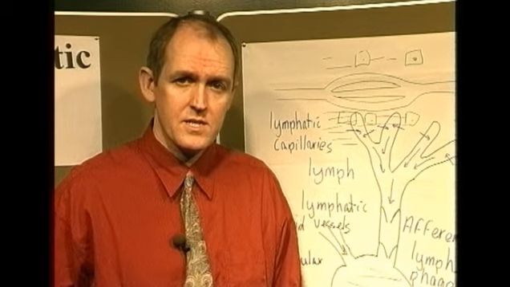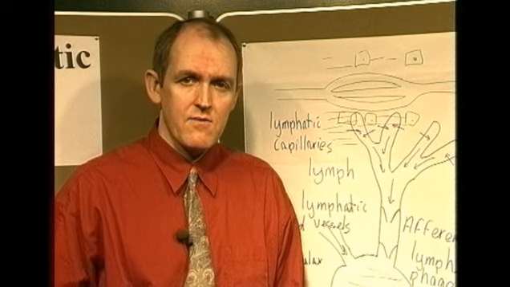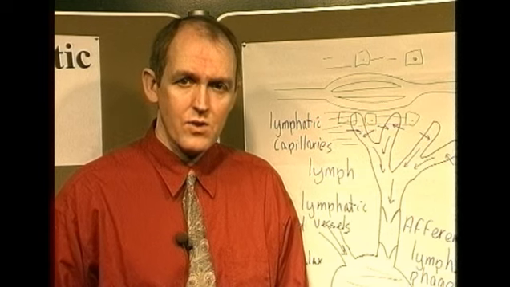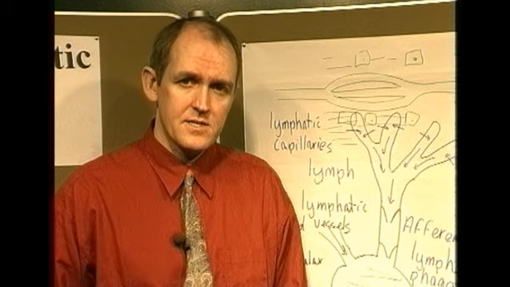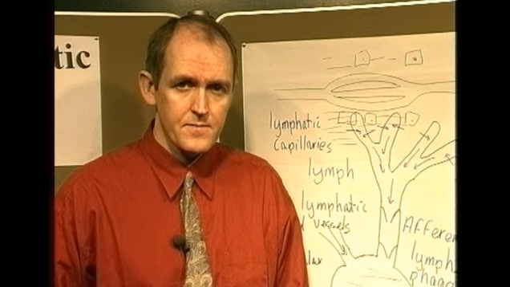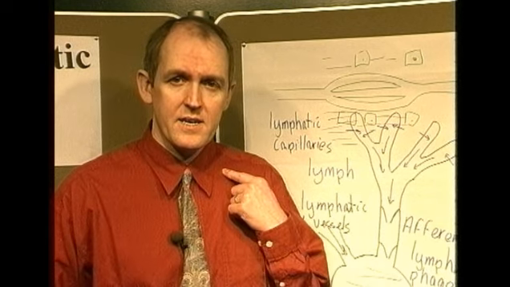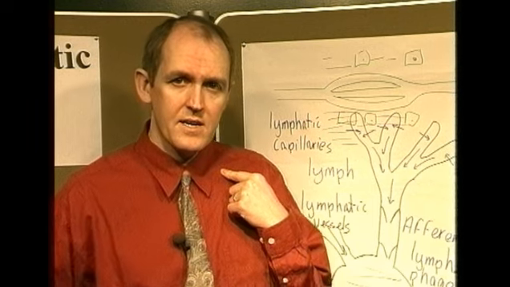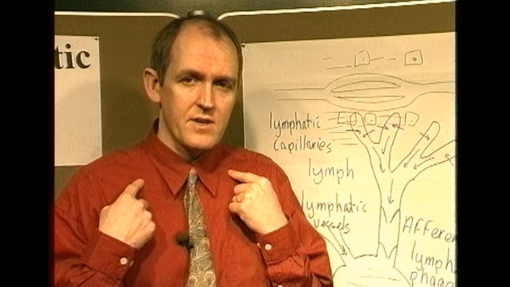But under normal circumstances, once the lymphatic fluid is drained from the lymph nodes via the efferent lymphatic vessels, it collects into still larger lymphatic vessels and ultimately is drained back into the venous circulation of the blood. And it drains back in via two places. It drains back in via the left lymphatic duct into the left subclavian vein and via the right lymphatic duct into the right subclavian vein.